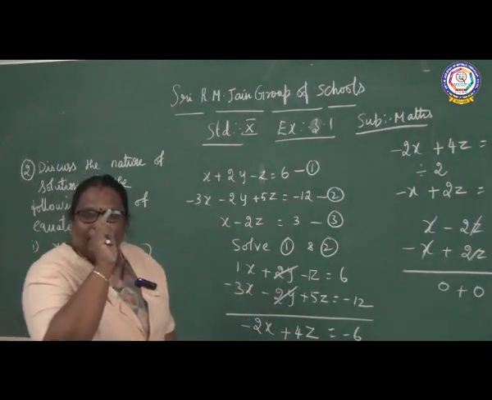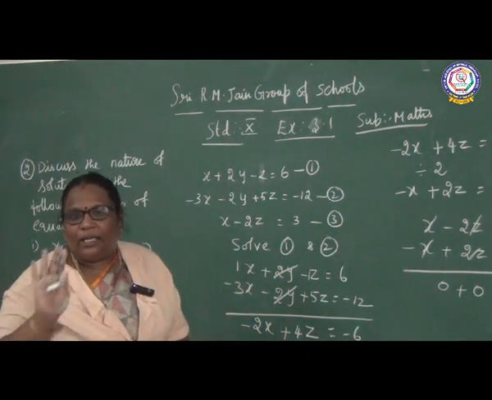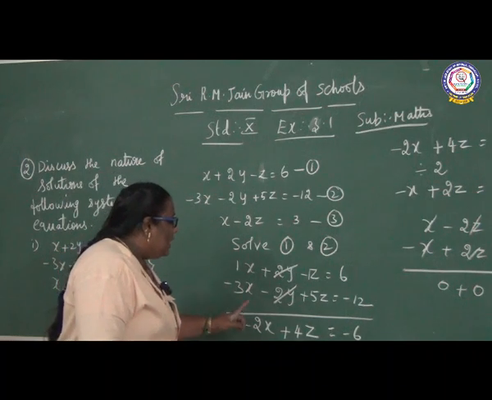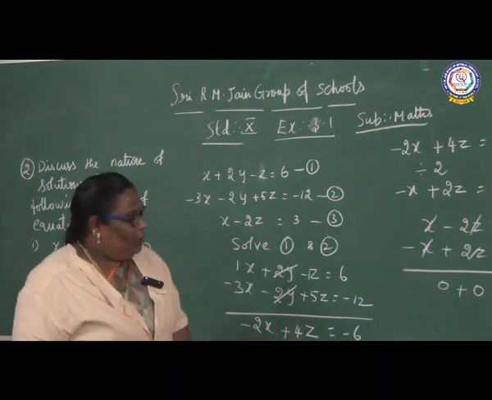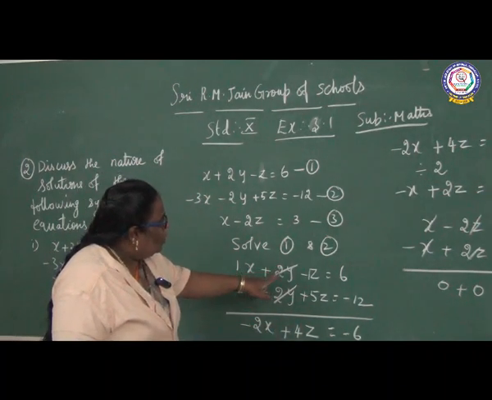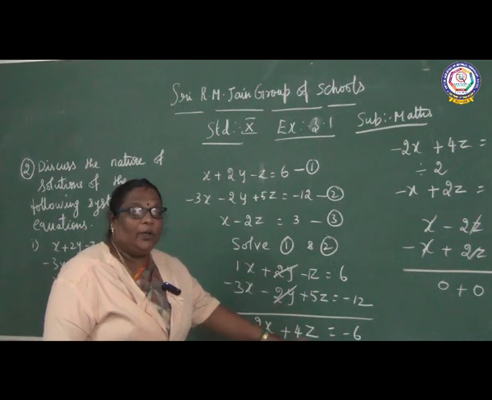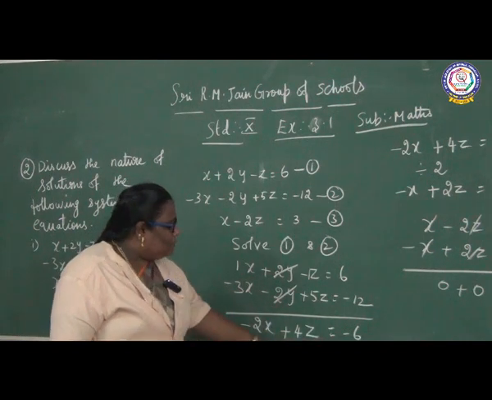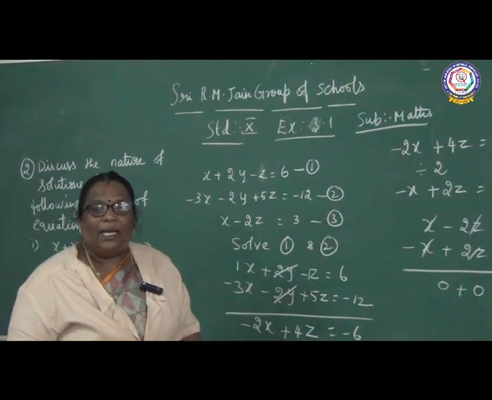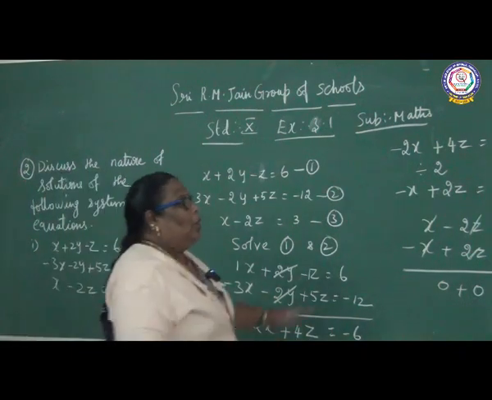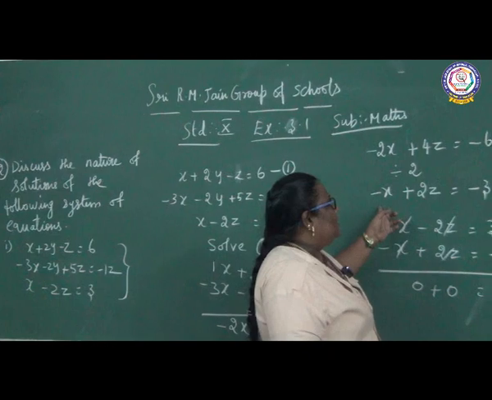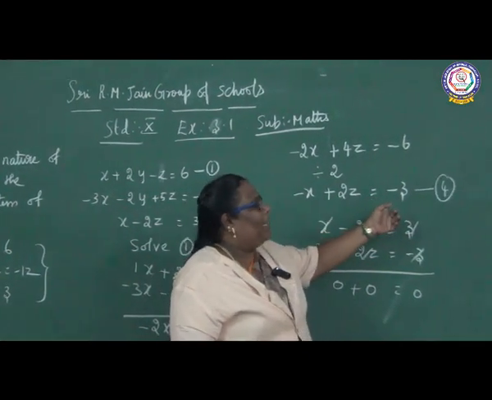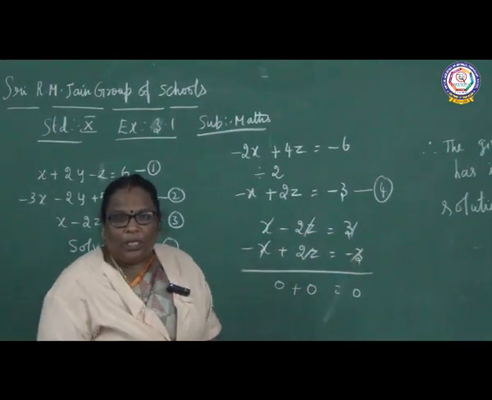So, in the first 2 equations, I have cancelled the y term. I am getting only x and z values. I cancelled 2y and minus 2y. What is the final equation? Minus 2x plus 4z equal to minus 6. It is a multiple of 2, so I divided by 2, minus x plus 2z equal to minus 3. I take it as the fourth equation.